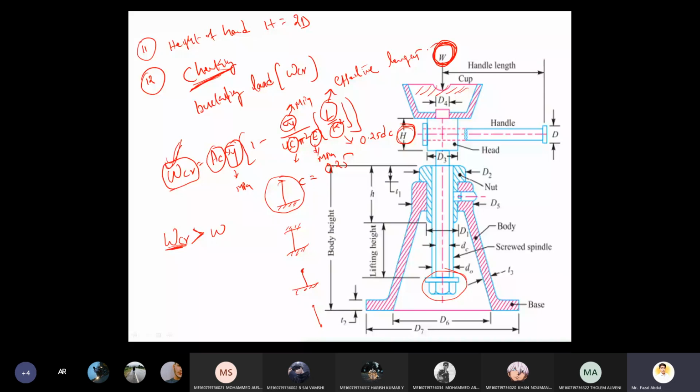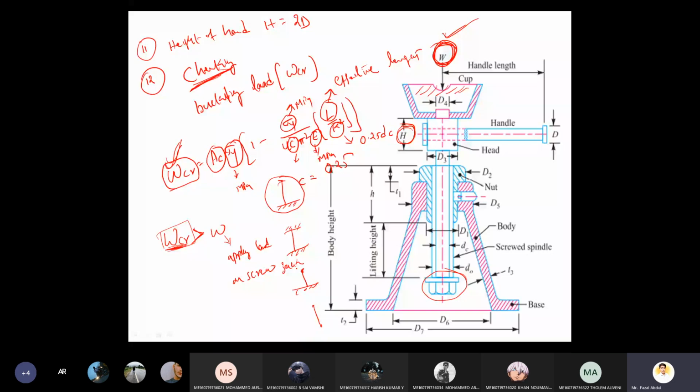Always, whatever the induced values, they should be less than the permissible value. Here the calculated value is greater than what we are applying. W means the applied load on the screw jack.